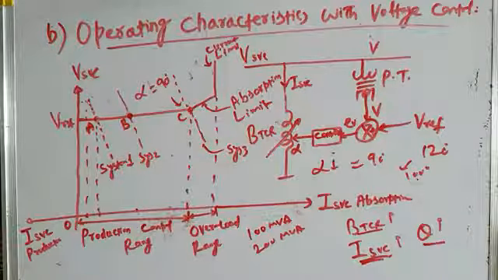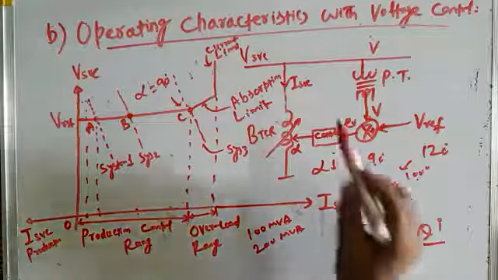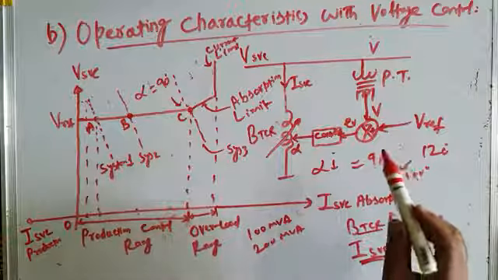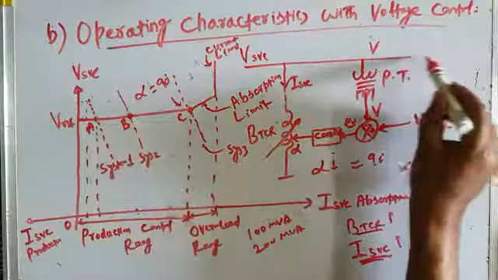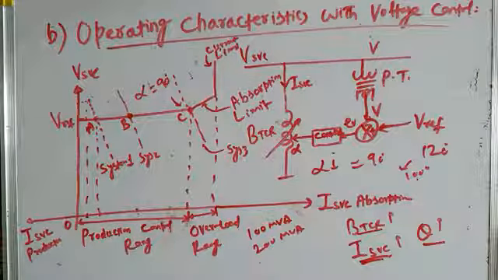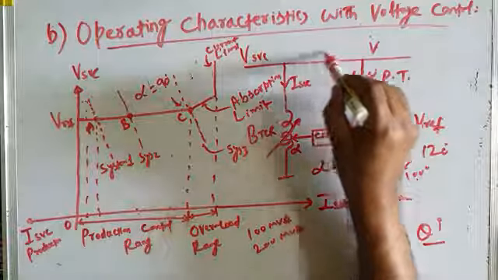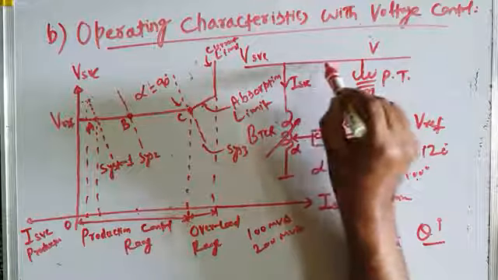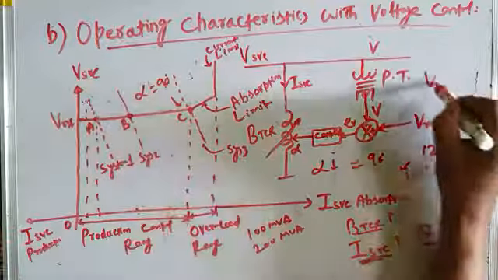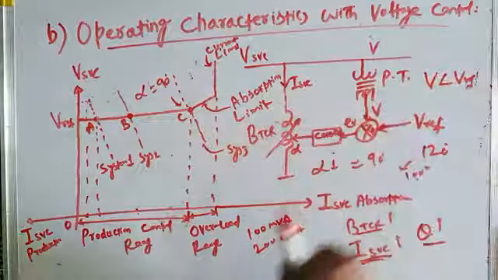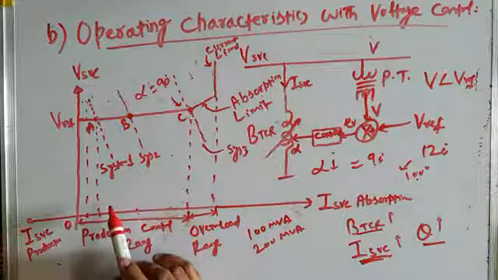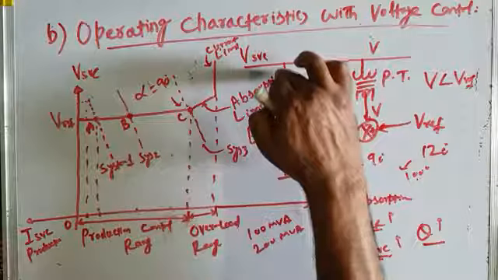Now on the other hand, if the load is operating at lagging power factor, not leading, that means it is drawing reactive power, and because of this drawing of reactive power in the transmission line reactance, there is a voltage drop and the bus voltage will be less than Vref. At that time, what will your TCR do? You have to switch off your TCR, disconnect it.